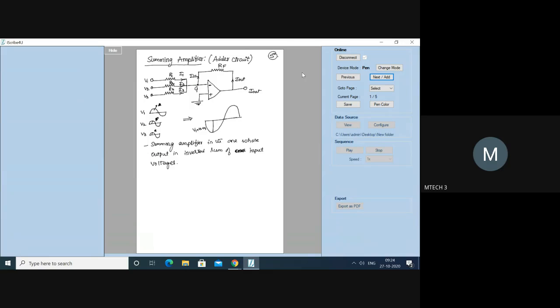The input signals V1, V2, and V3 are fed through R1, R2, and R3 respectively to the inverting terminal.